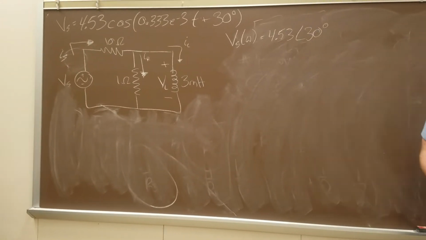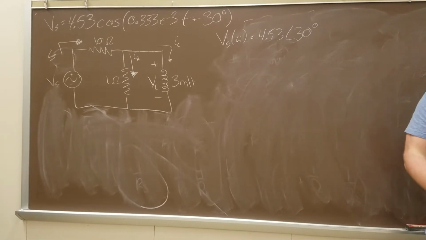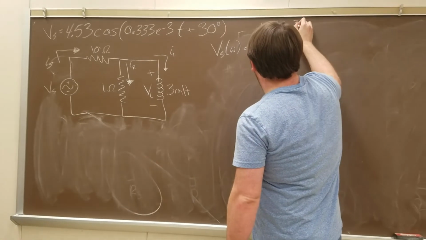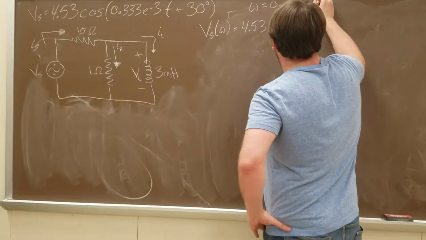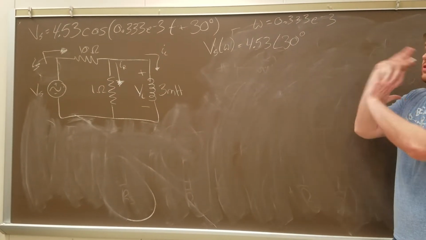Right? When we do that, we lose our angle information. We lose our omega, right? Omega being 0.333 times 10 to the negative 3. Okay, we lose that information, but it's still useful to us.